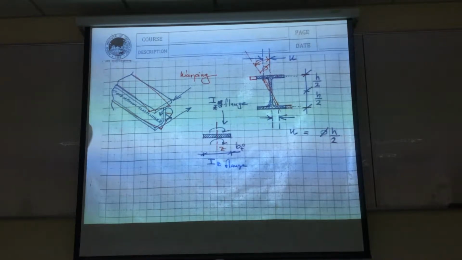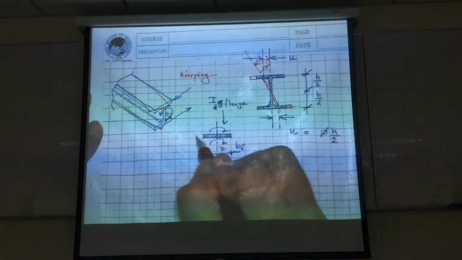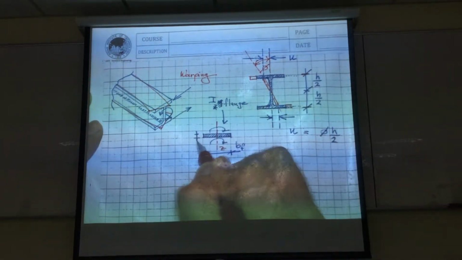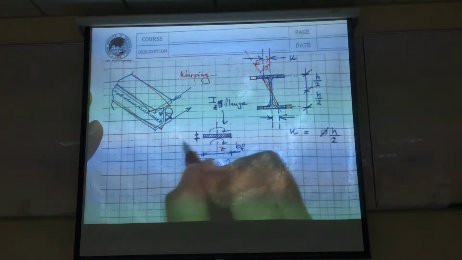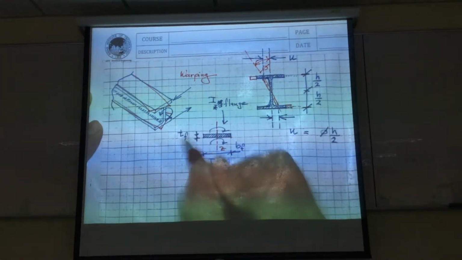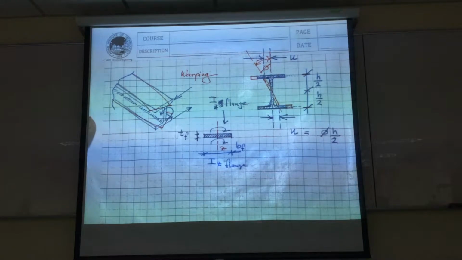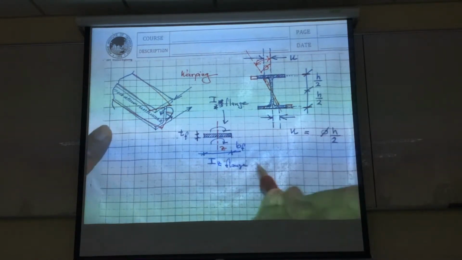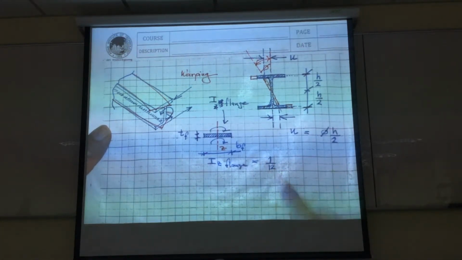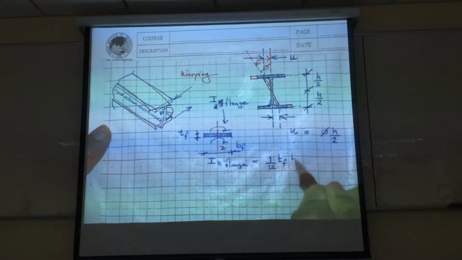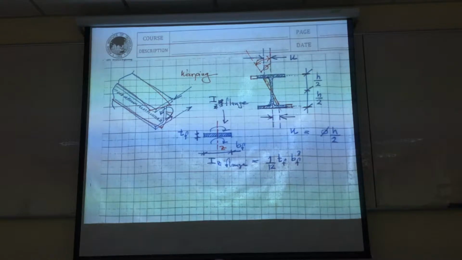Subscript F is a flange, okay. And then this is the T subscript F, thickness of the flange, okay. So IC flange will be equals to 1 over 12, right? T subscript F and B subscript F cube. Okay, the moment of inertia of the rectangular cross section.